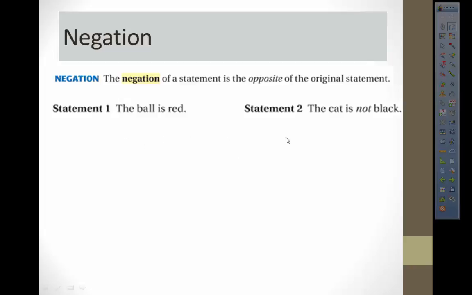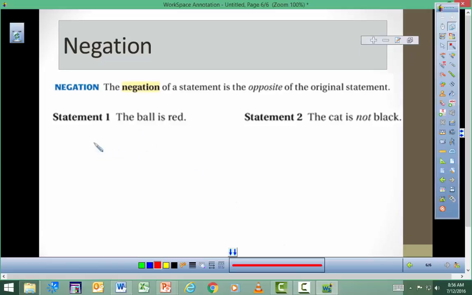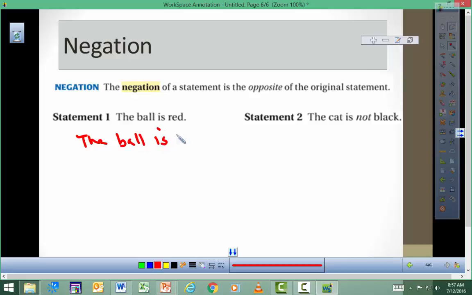And so let's practice doing this. How would we write the negation of this one? Well, this one would say the ball is not red. On the other hand, this one is stated in the negative, so the negation of this would mean the affirmative or the positive, so to speak.